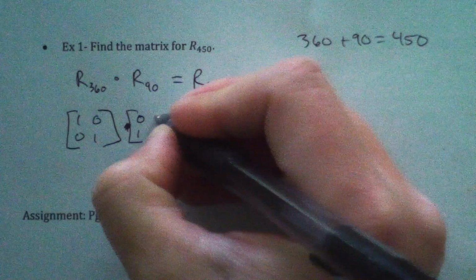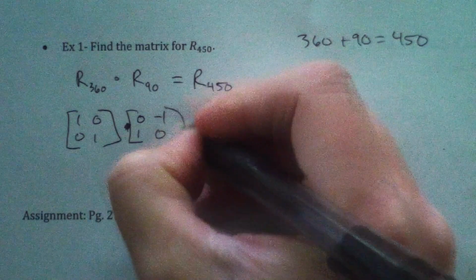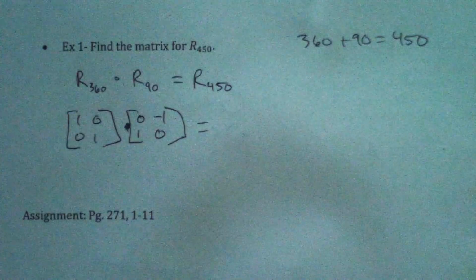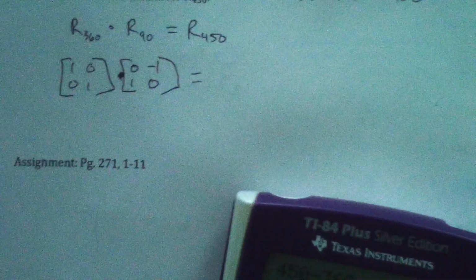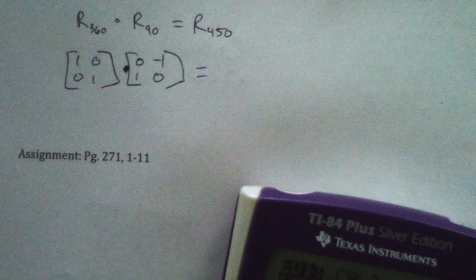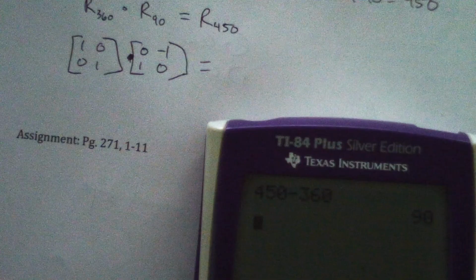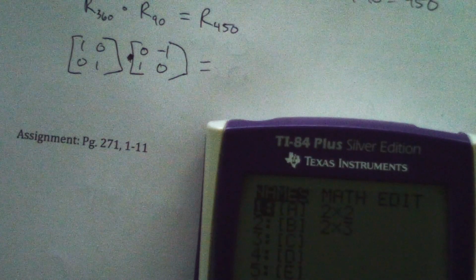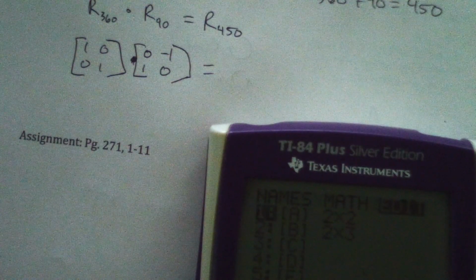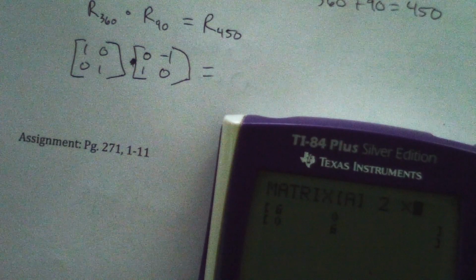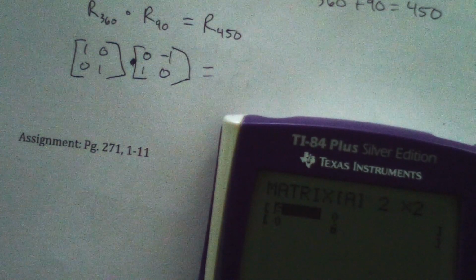And really, if we think about this logically, what happens when we rotate 360 degrees? It goes back to the same spot, right? So if we had our shape or whatever it is, we rotate 360, we're back to that same spot. So if we're rotating 450, wouldn't that just be the same as a single rotation of 90? It would be, right?